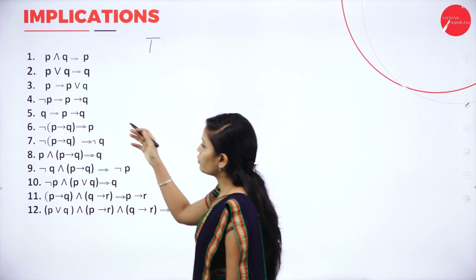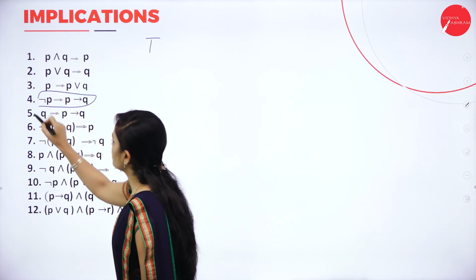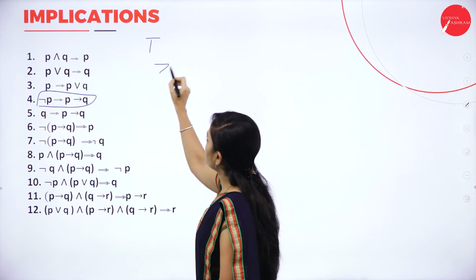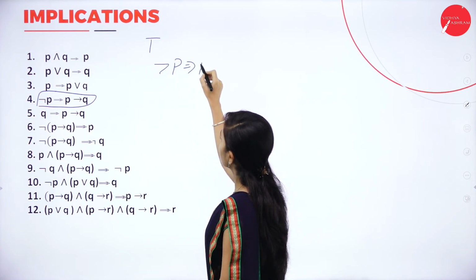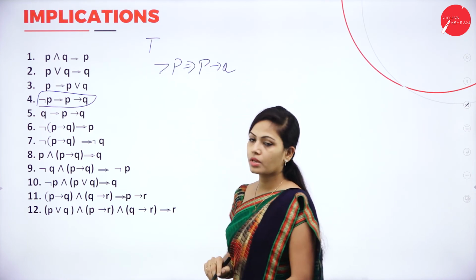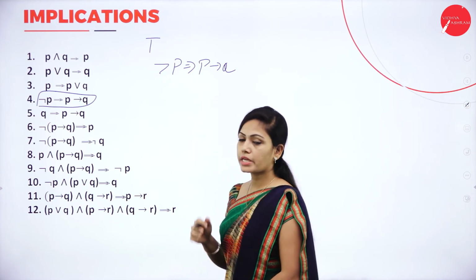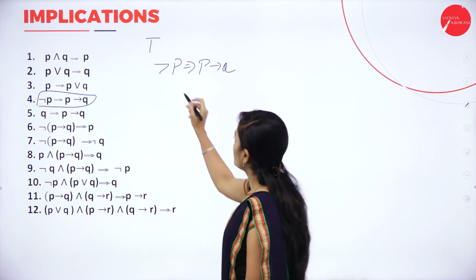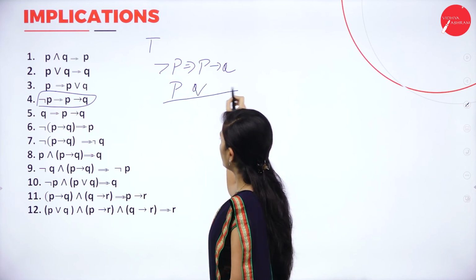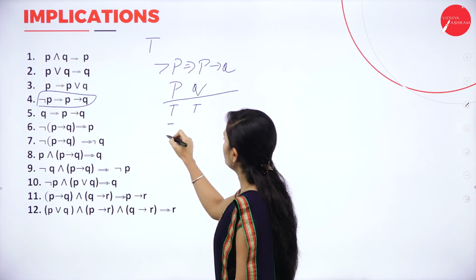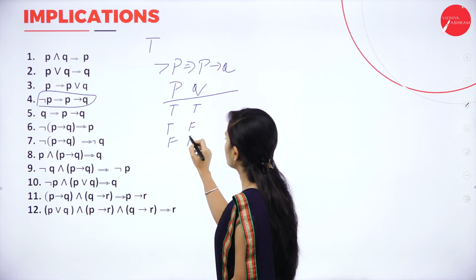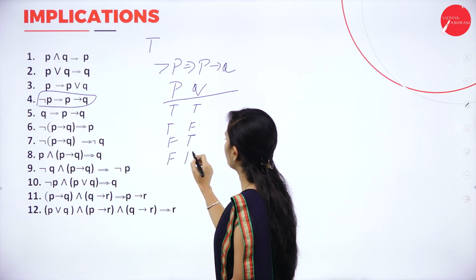So first I will take one example. Here I will take the fourth example. Negation P implies Q. Here I will prove this is a tautological implication. So I will prove this with the help of a truth table. True, true, true, false, false, true, and false, false.